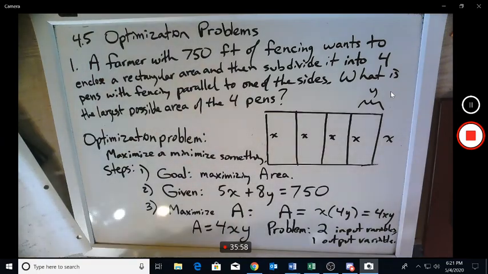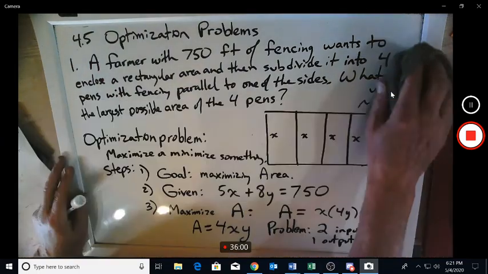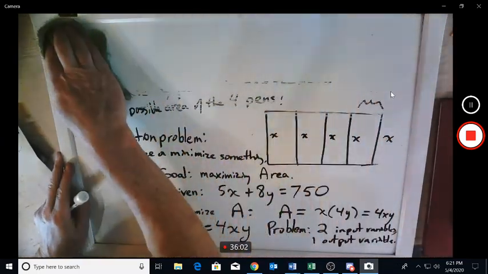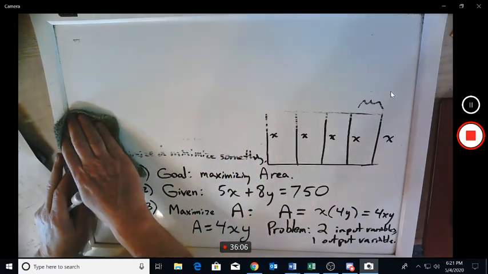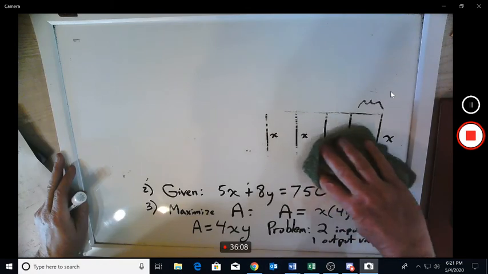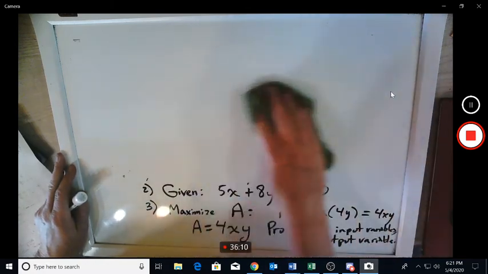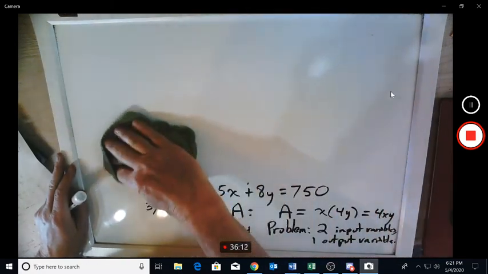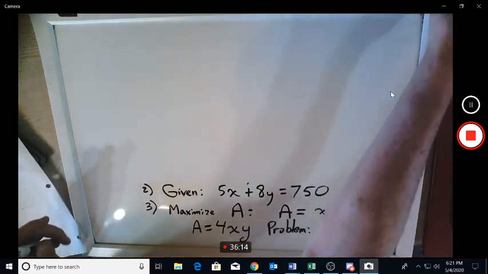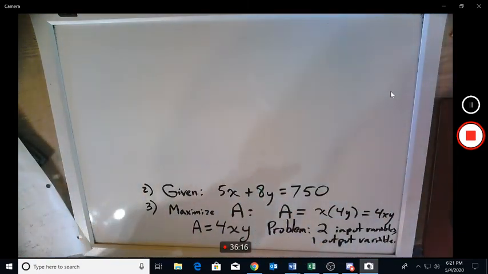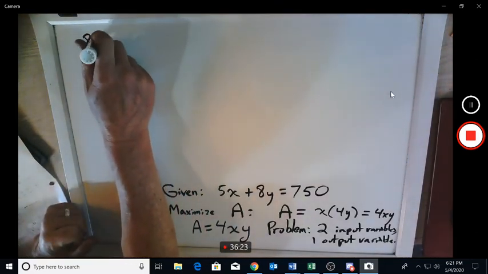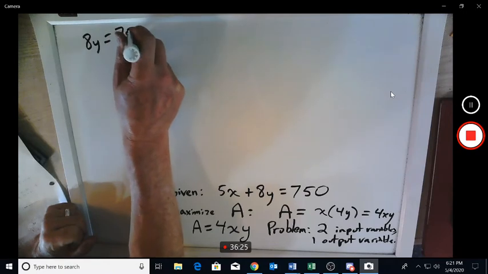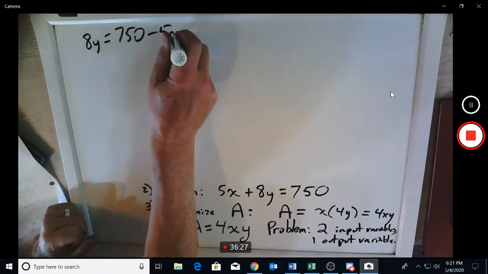So let me erase this stuff up here and do that. Let's say I want to get rid of the y. I'm going to take 8y equals 750 minus 5x.